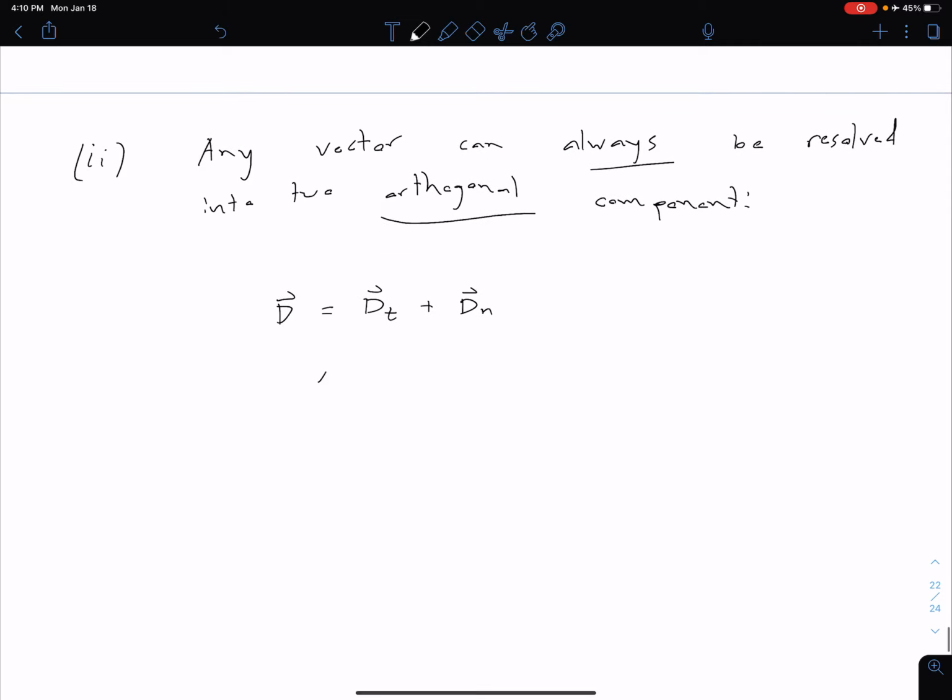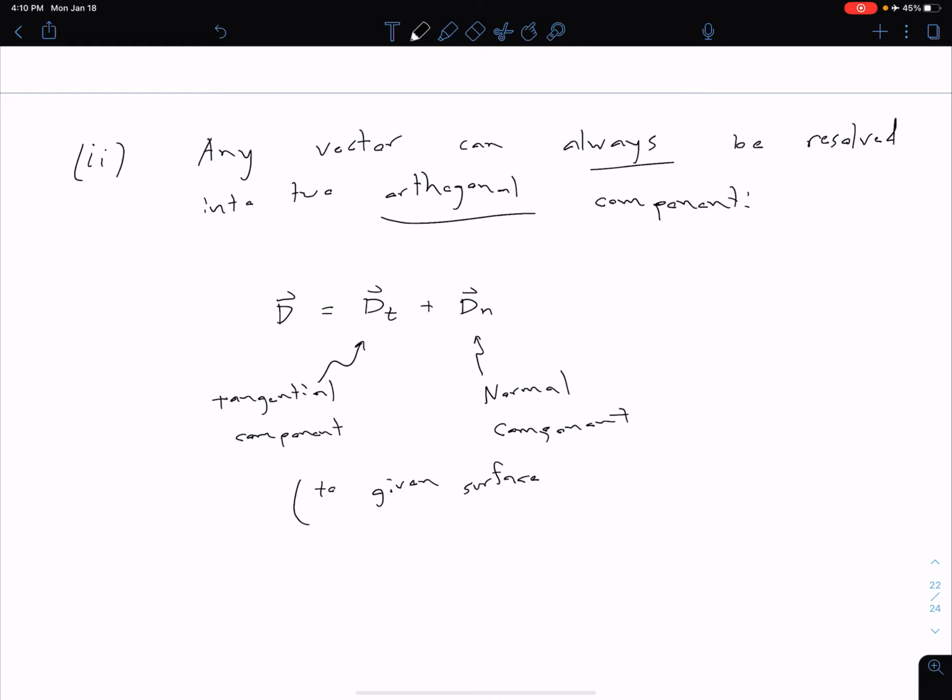And what these two components are, our D sub t is our tangential component, and this is at a given surface, and our D sub n is our normal component. Both of those apply to a given surface. So it's the tangential component to a given surface, and the normal component to a given surface.